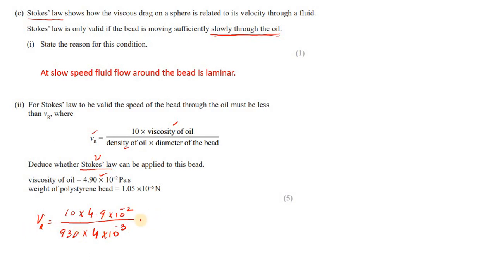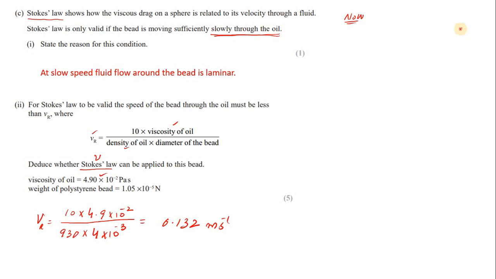So if you put all these numbers in your calculator, VR would be equal to 0.132 m s minus 1. Now we apply Stokes' law. Stokes' law says the bead is moving with terminal velocity.